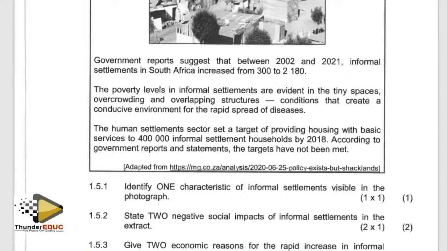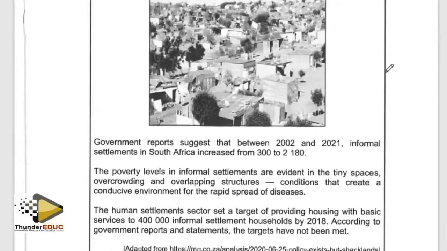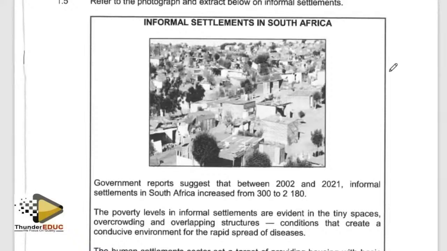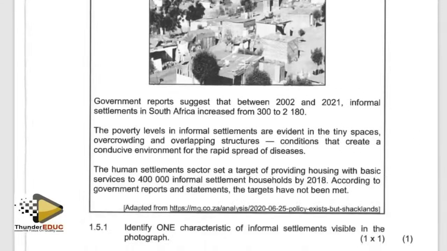First question. Give one characteristic of the settlements visible in the photograph. What do you see? Which kind of settlement? Small or medium houses. That is one. When you look at them, these houses are also close to each other. There is limited space for expansion.